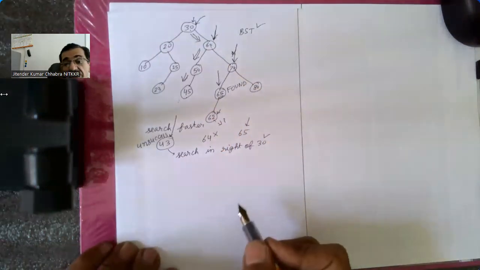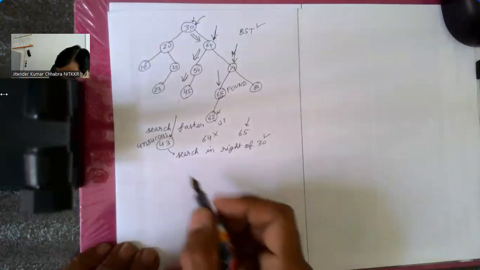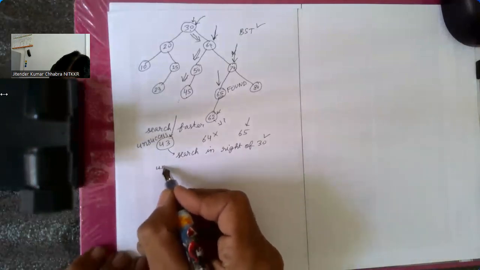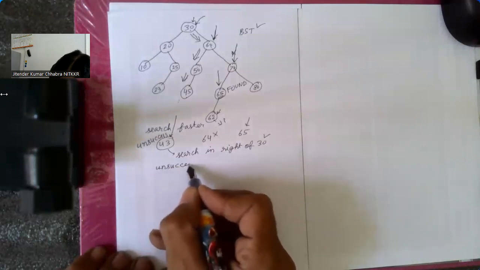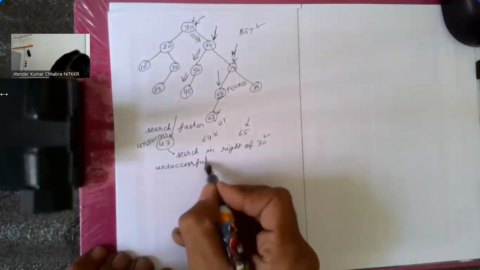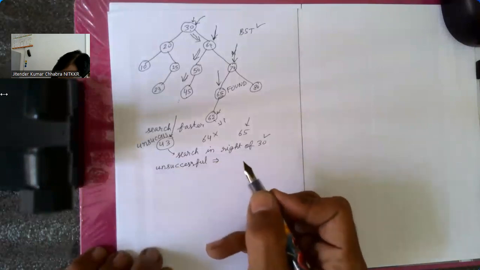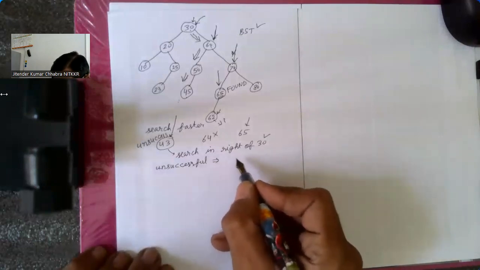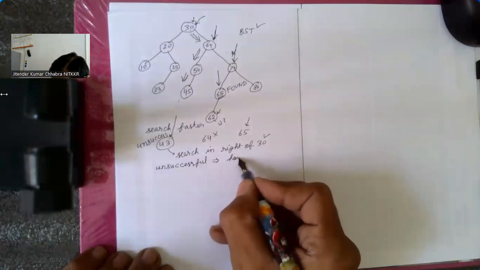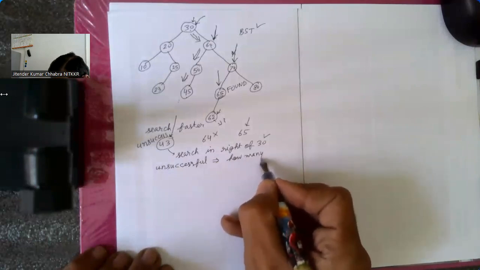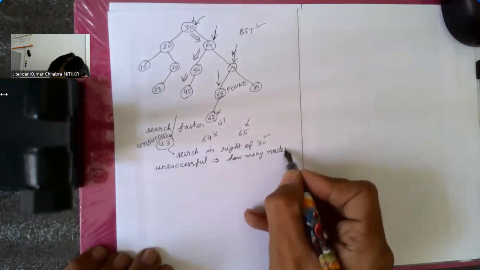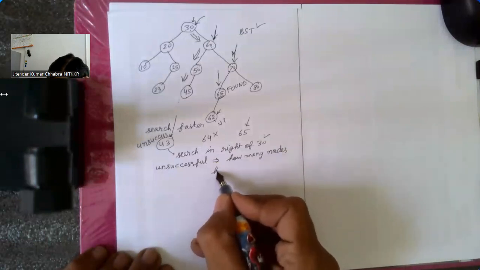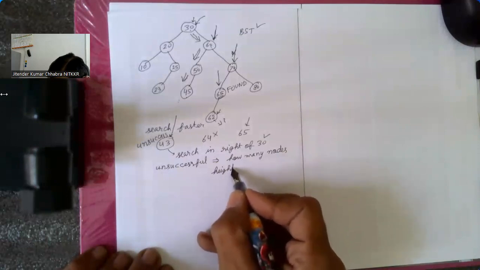So effectively, this is the way it will be able to work well. Even if you talk of unsuccessful search, the steps have reduced because every time one side gets reduced. So in unsuccessful cases, how many nodes will need to be traversed? In every situation, effectively, it will be equal to height number of nodes.